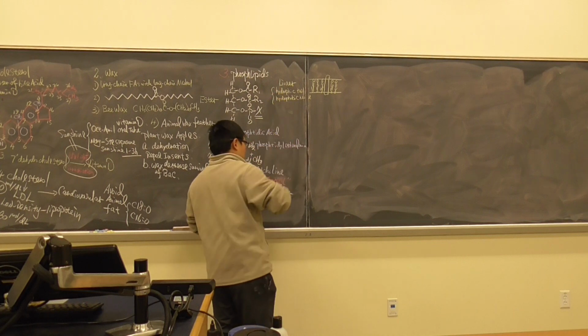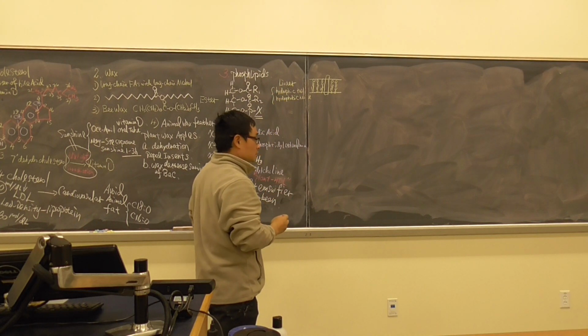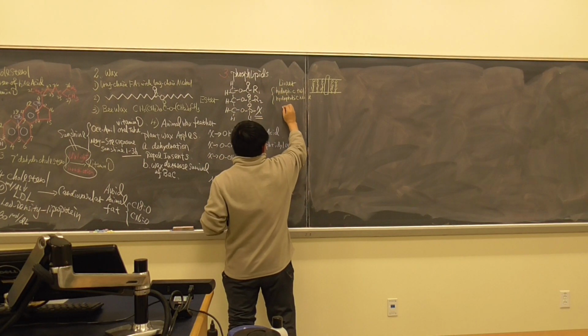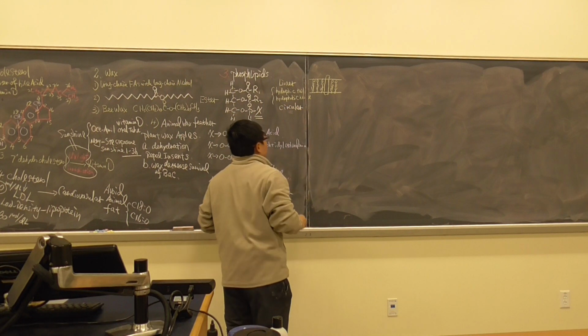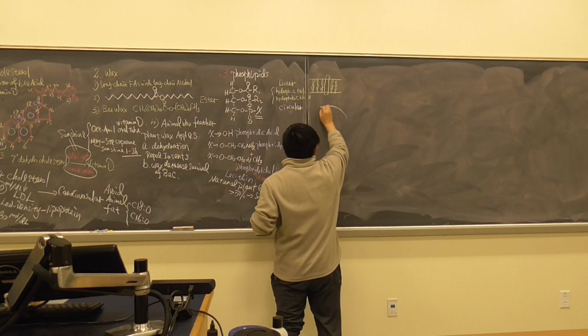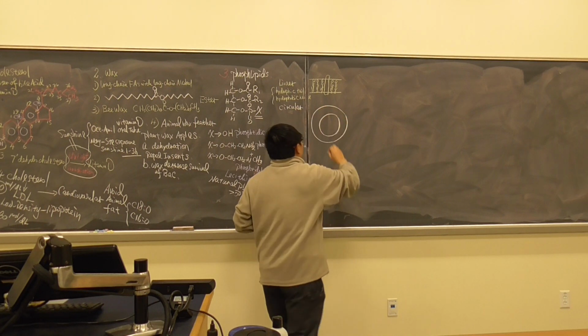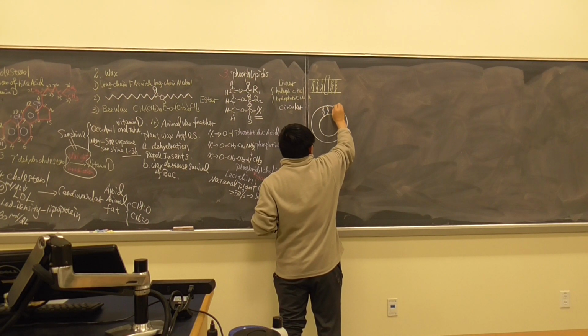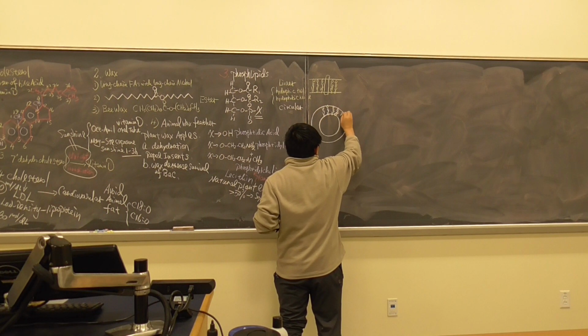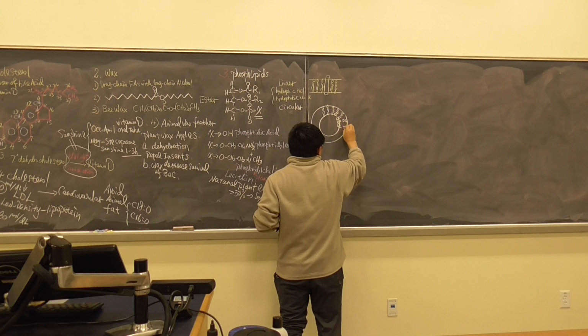This could be linear, but in the food products, especially in the milk, it could be circular. So circular, what does it look like? It looks like this, and then like that, and then it becomes this way. That is very important. It works like this.